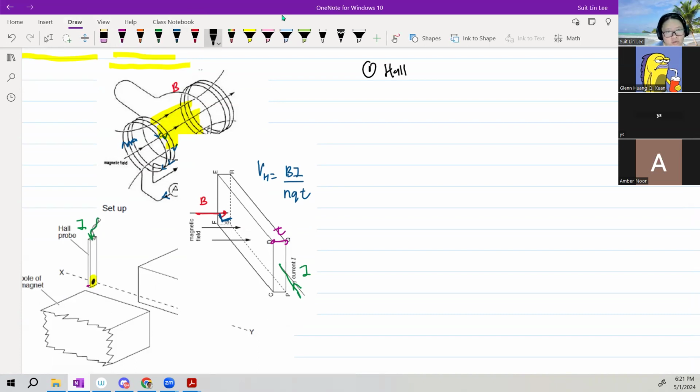Purpose of Hall probe: to measure and detect magnetic flux density, B. It's really just one purpose.